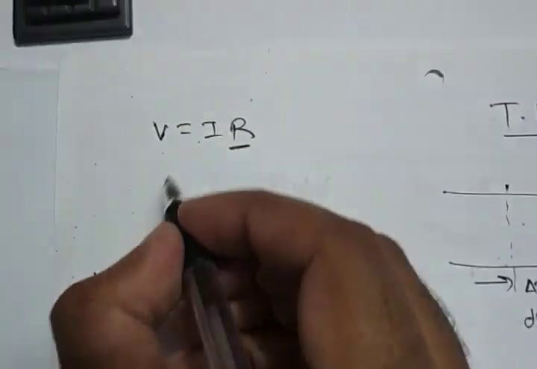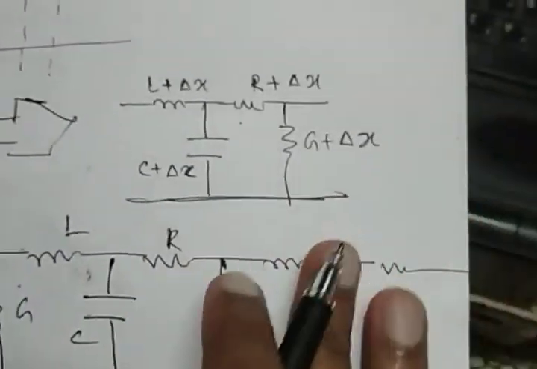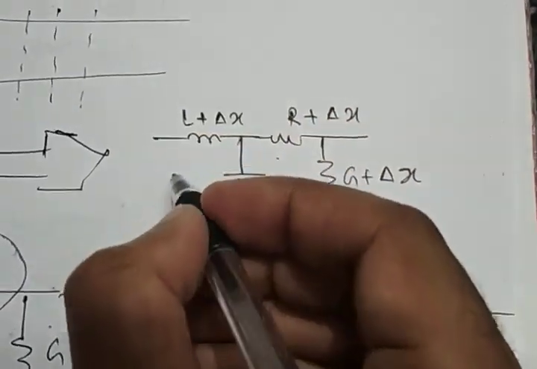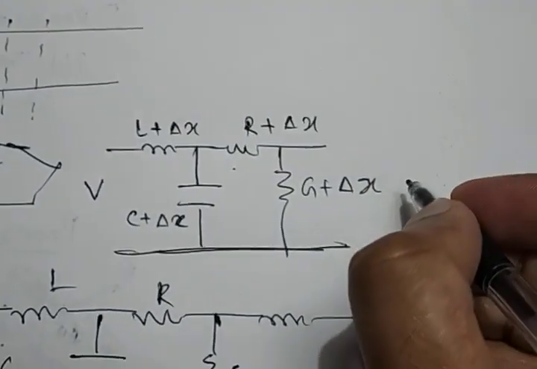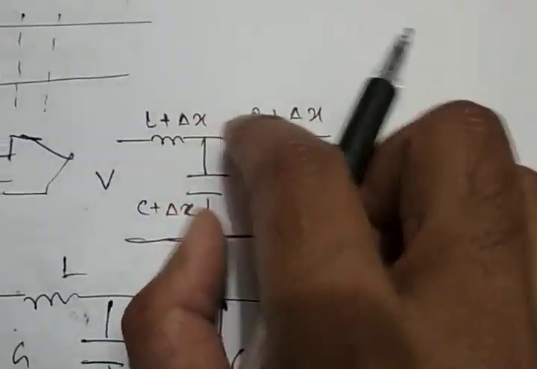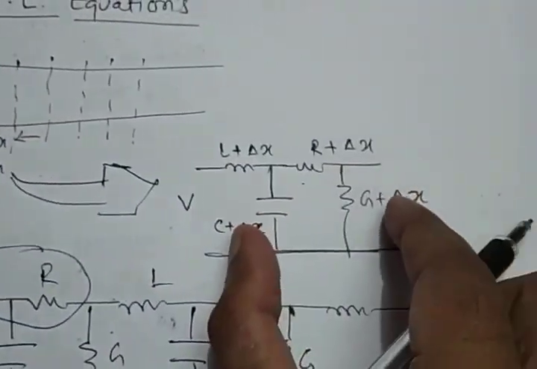Say we want to calculate delta V here. If at the input side we give some voltage V, there will be some change in the voltage at the end of one element. We are just zooming in on a small part and considering that part.